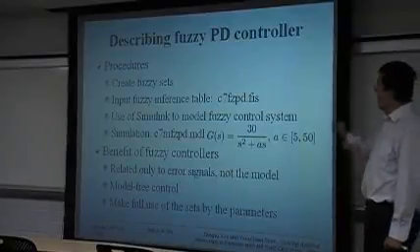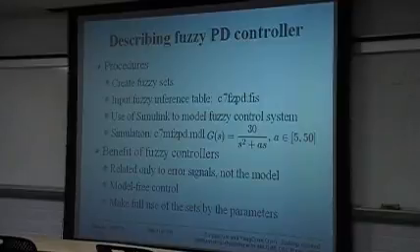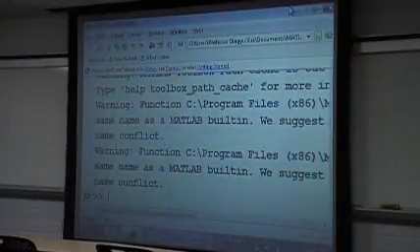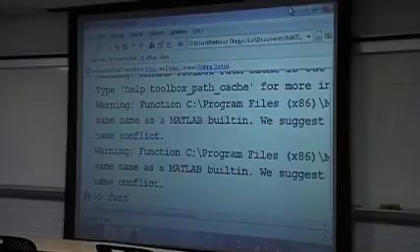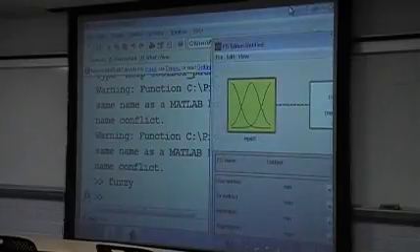And then we can simulate the system and see the results. So let's do it from the very beginning. To create a fuzzy set, we should give a command like this, fuzzy. And then you will have a graphical user interface.